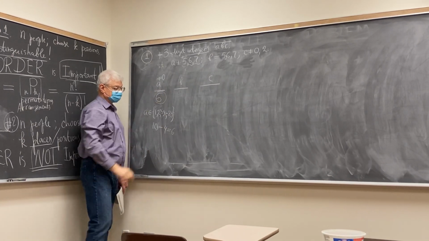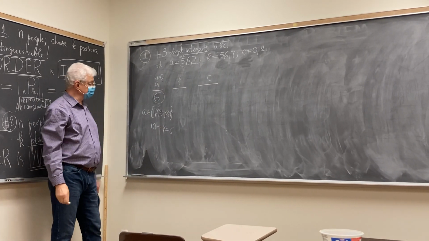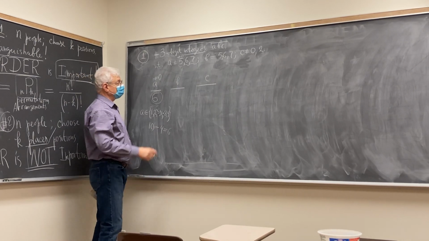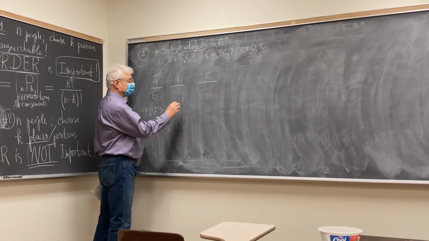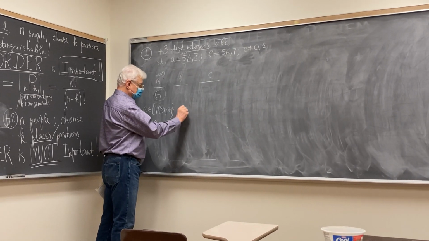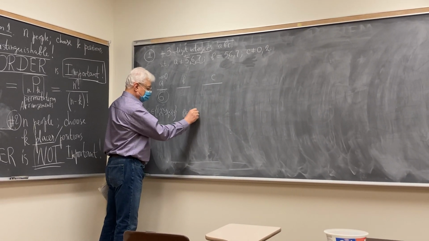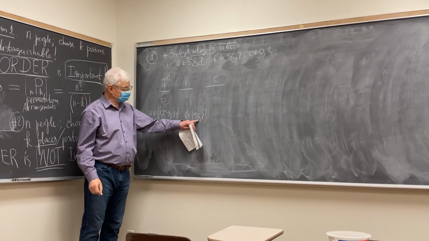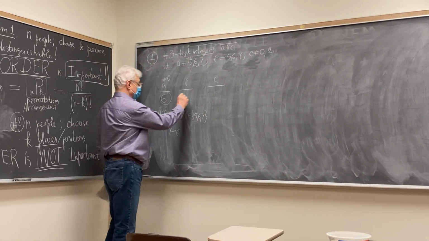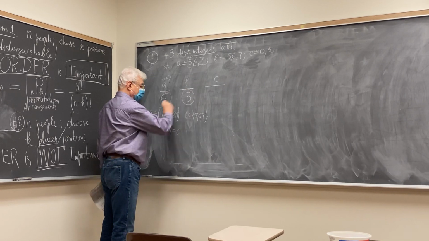So I have 6 possibilities to choose the first digit. Now B could be 5, 6, or 7. So B belongs to the set 5, 6, or 7. How many ways? 1, 2, 3. So 3.